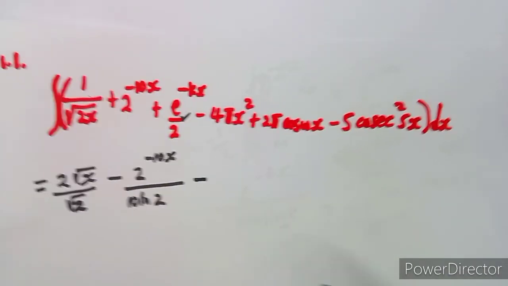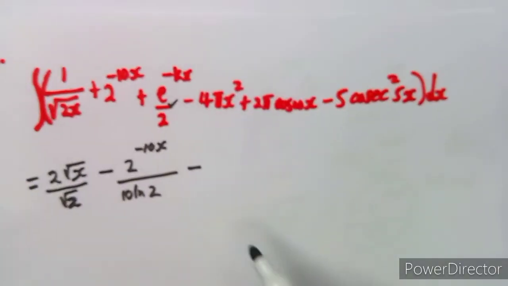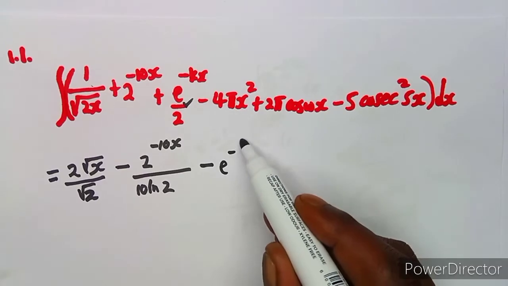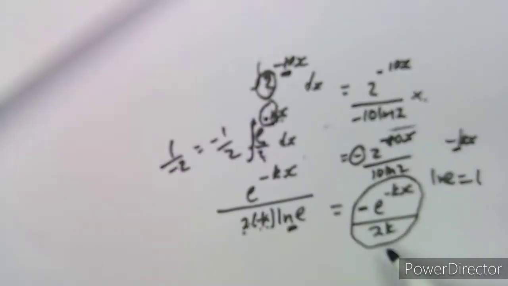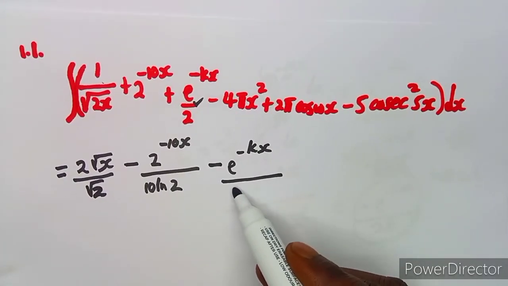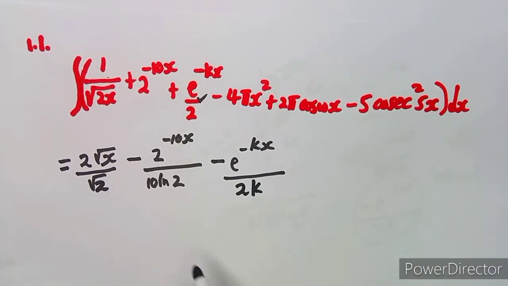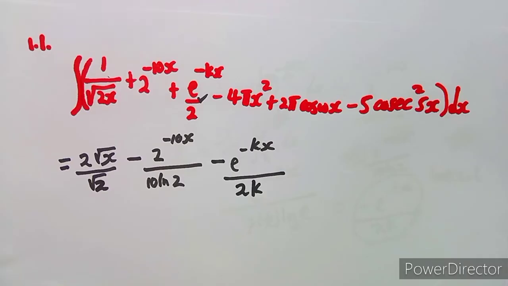So it's going to be minus e to the exponent of minus kx over 2k. The 2, remember, is from the denominator which was already there. All right, so that's what you're going to have there.